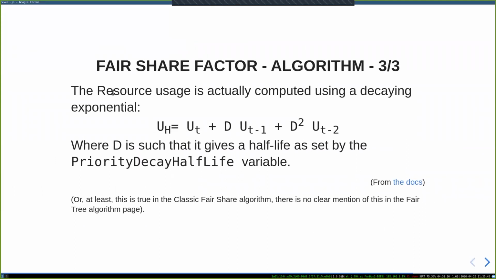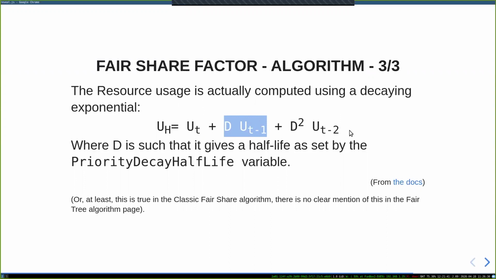So the resource usage that's used in this formula is something a bit more complex than just the resource usage that historically has happened on the machine. It's like a decaying usage. The value that we are going to use is going to be the sum of the usage in the last period plus the usage in the previous period times a decay factor, and so on.